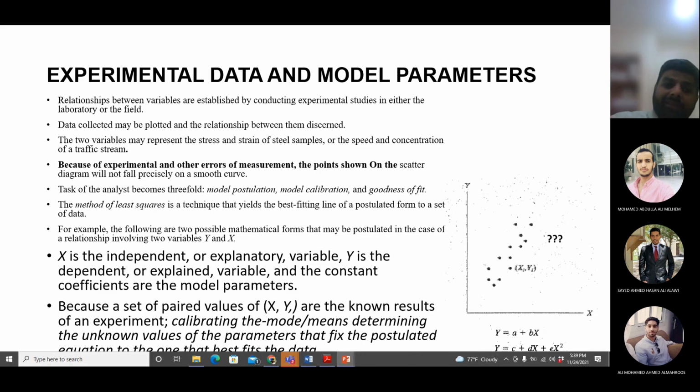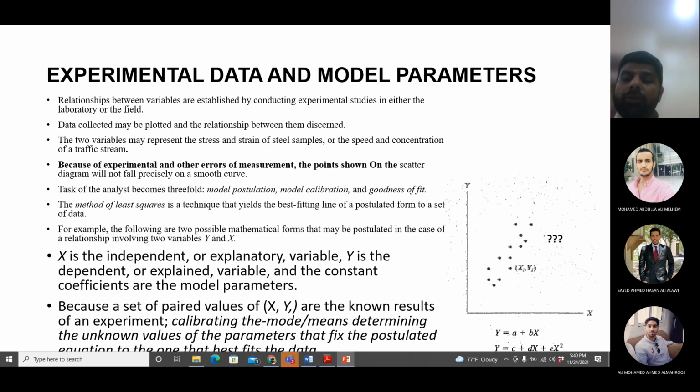To calibrate the model, we use a method which is known as the method of least squares. I'll show it to you in the coming slides what we mean, but the name of the method is least squares. The method of least squares will give you an equation for the best fit line for your scatter plot. Remember, between x and y, I have a scatter plot.